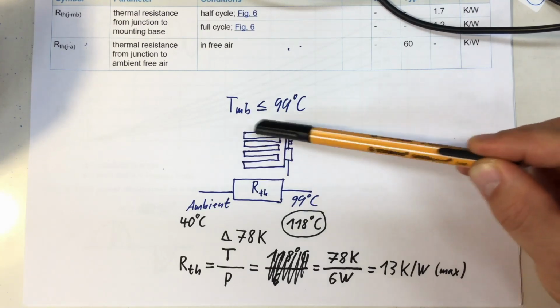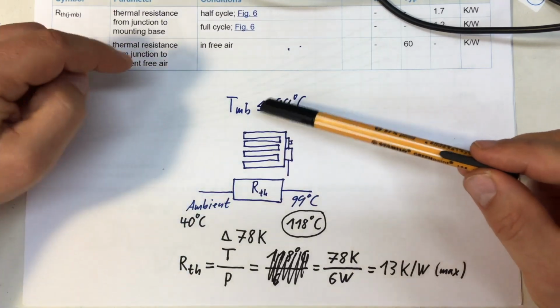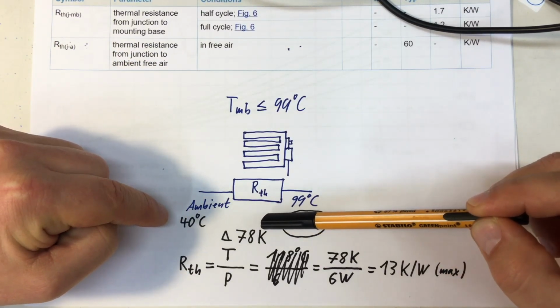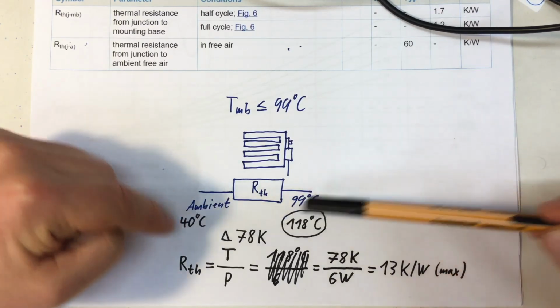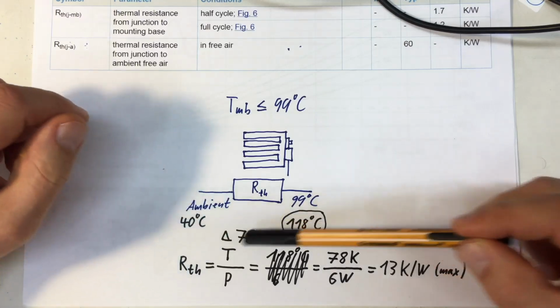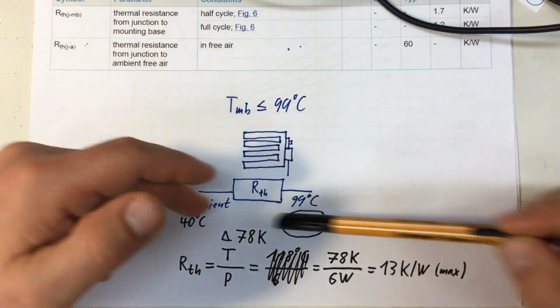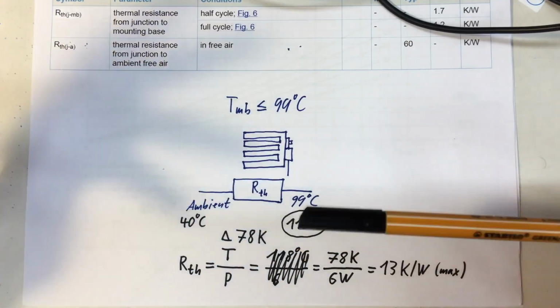And let's say ambient 40 degrees Celsius. That gives us a delta of 78 kelvins. So if you subtract Celsius from Celsius, you can directly go to Kelvin. In that case, if you have a delta, Celsius and Kelvin are the same.